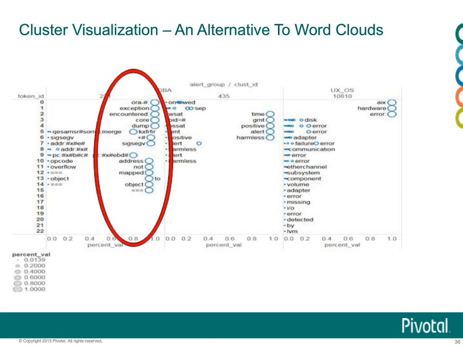So by reading off the words in the rightmost column, in the red circle, you basically get an idea of what this cluster is all about.